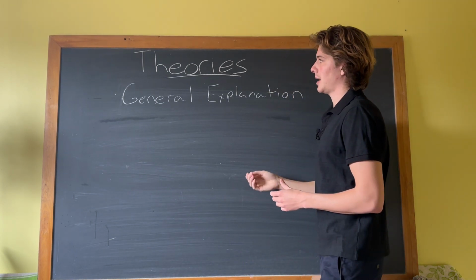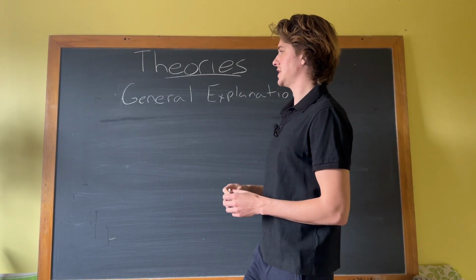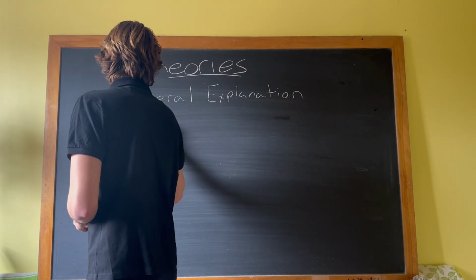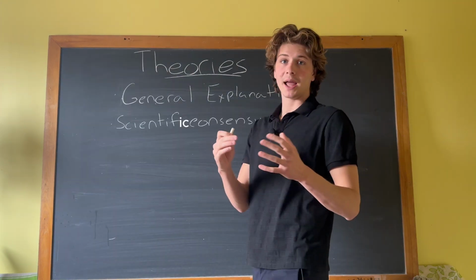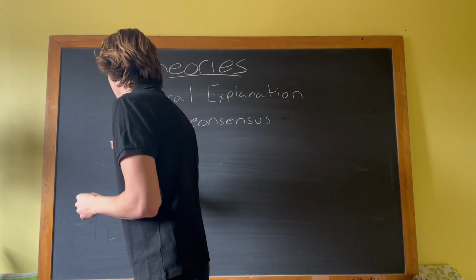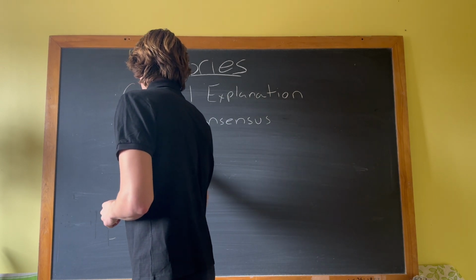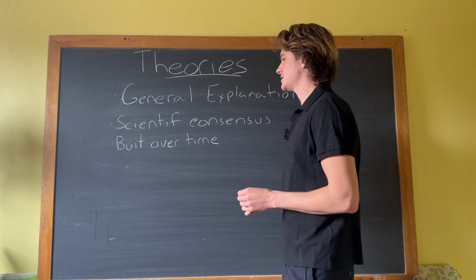So of course we go from hypotheses to theories. They are representations of the scientific consensus. And the last thing I'll say here is that they're built over time. And so generally this is how it goes, right?